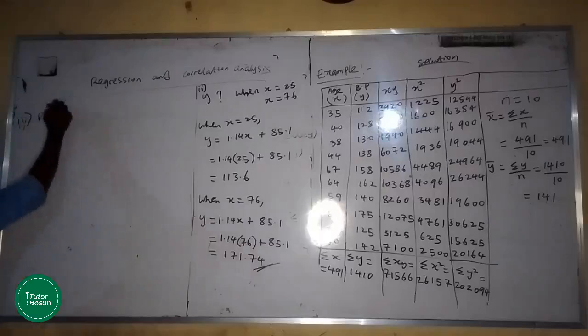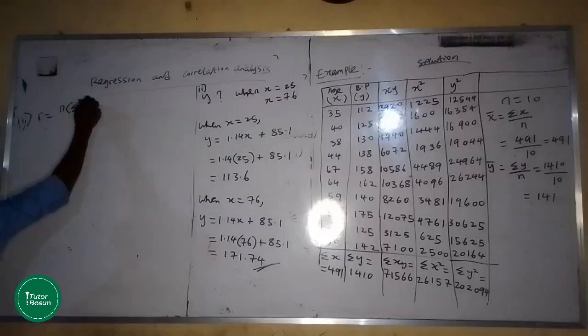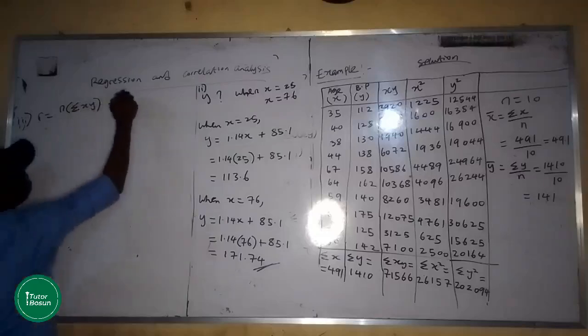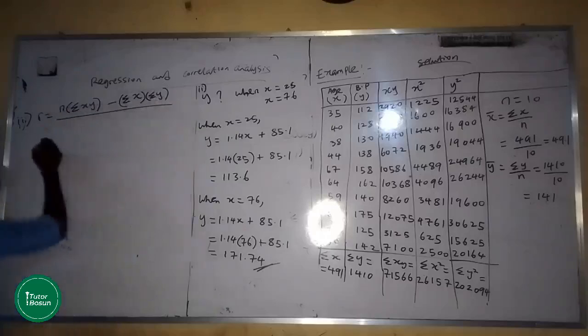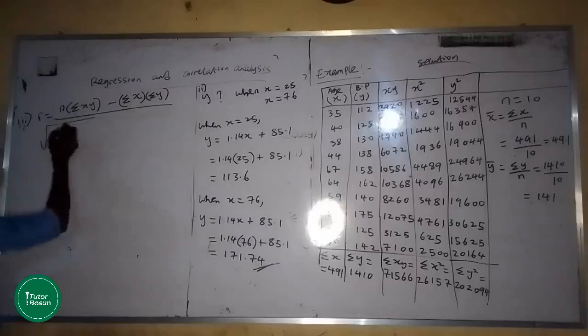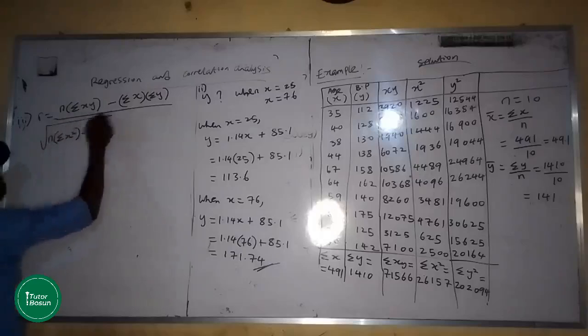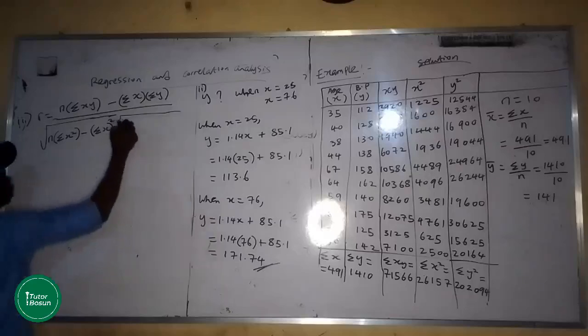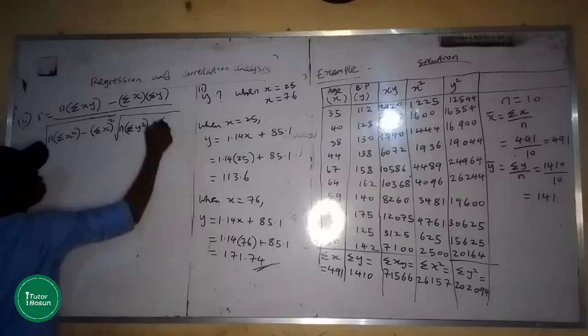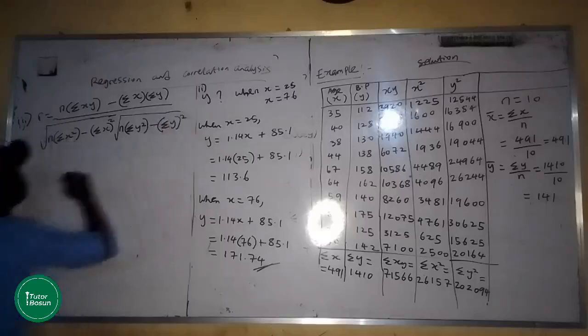We call R: n into summation xy minus summation x times summation y, divided by the square root of n summation x squared minus summation x all squared, multiplied by the square root of n summation y squared minus the square of summation y. That's the formula for our R.